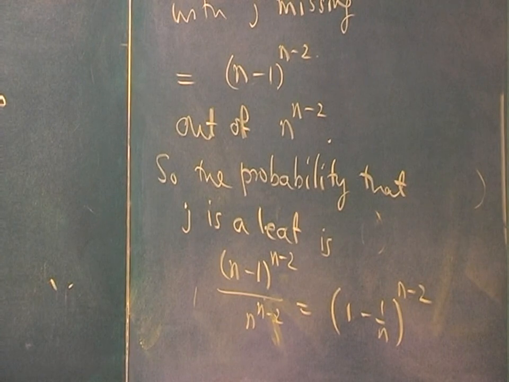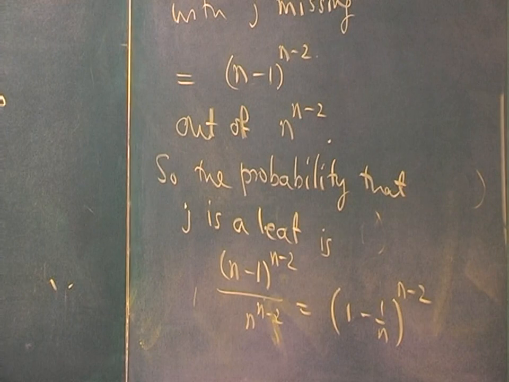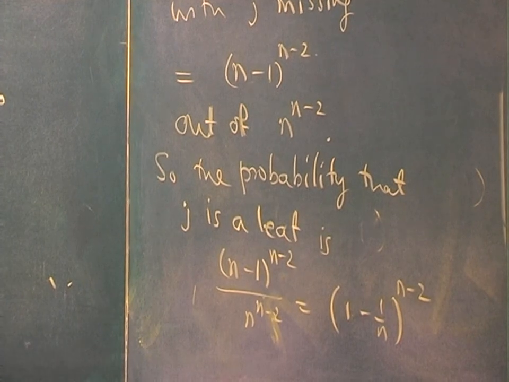And as you see, there is nothing special about j. If I choose a different vertex L, the probability that L will be a leaf is the same. Okay?